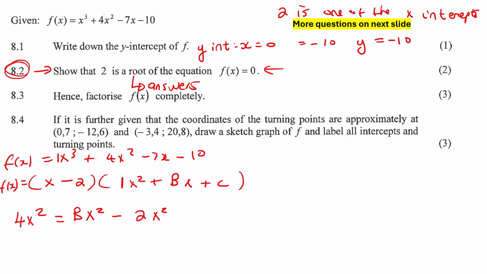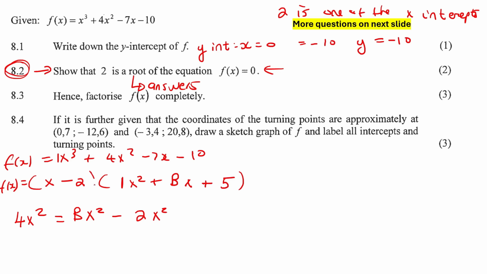Now, I can also work out the value of c, because I know that the constant is minus 10. And so if I had to multiply this one and this one together, that'll give me a constant. There will be no x. And so I know then that this value must be a 5, because 5 multiplied with minus 2 gives us that. So this will be a 5.